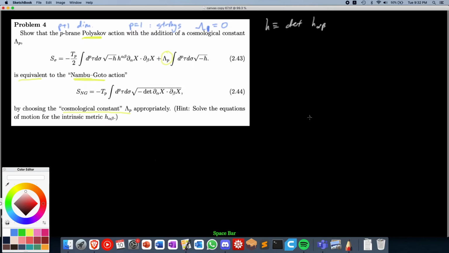So the first thing we need to do is to vary the Polyakov action in order to solve for the equations of motion of the intrinsic metric. How do we do that? We vary the action with variational calculus. We're going to vary everything inside, all the h's.